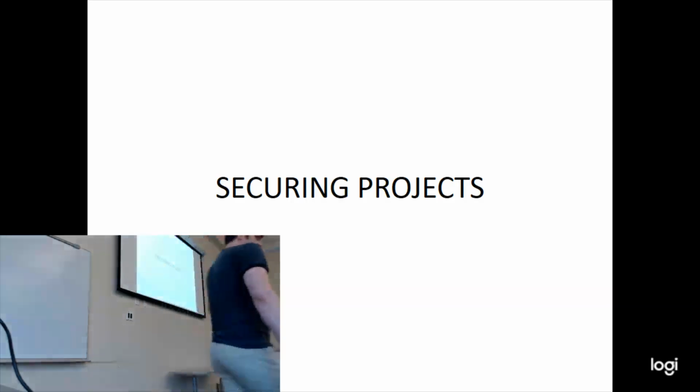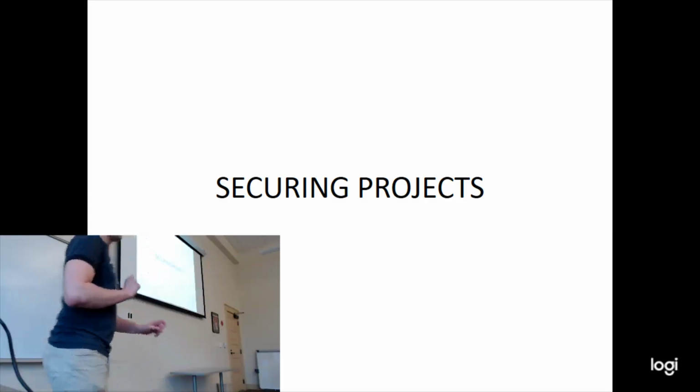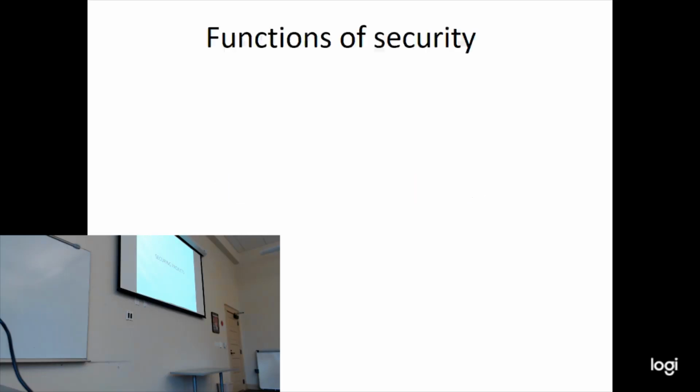All right, so we're moving on to, that was all how to structure your projects and document it. I'm going to talk very briefly about data security. I'm not going to linger on this too much, but I have three main messages on security.